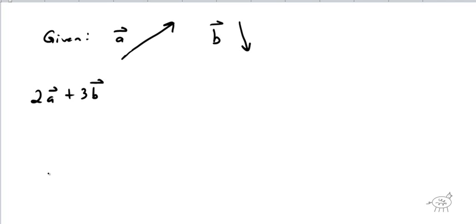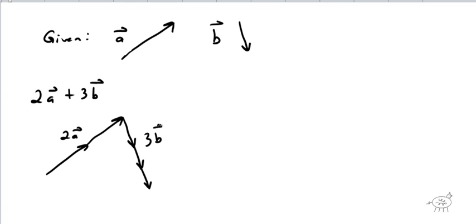Well, 2A means 2 of those, that's 2A, and plus 3B. Now, just because it's pointing down doesn't mean that's minus. That's the vector. So if I add 3B, it's 1, 2, 3.